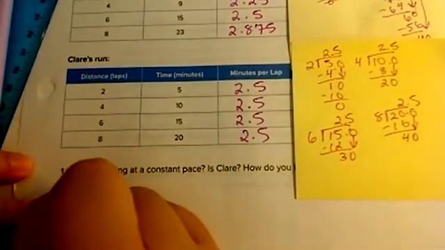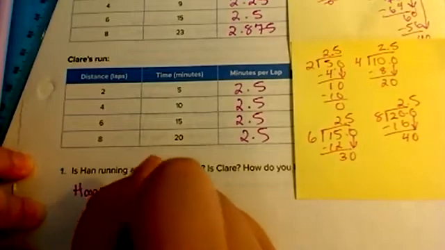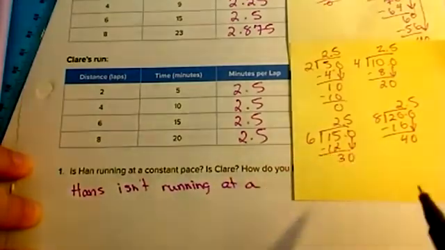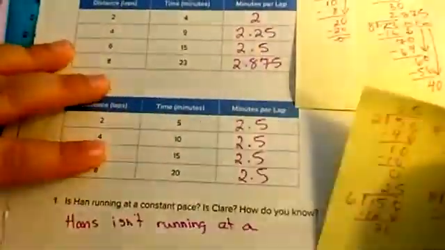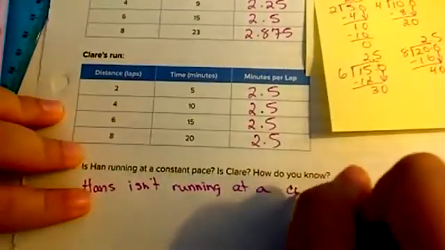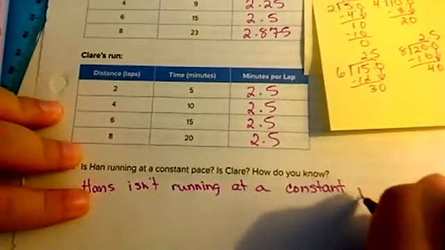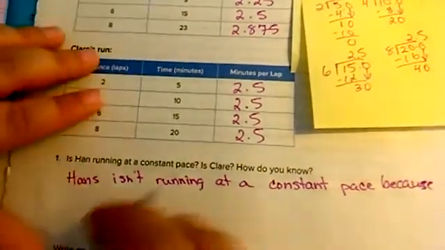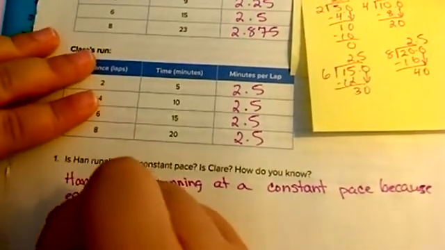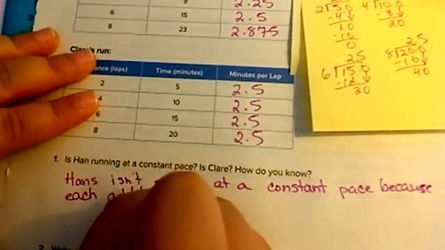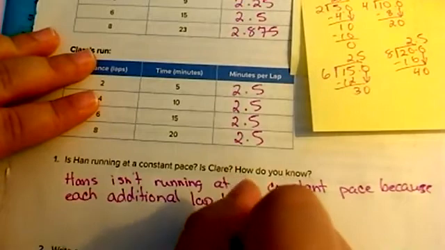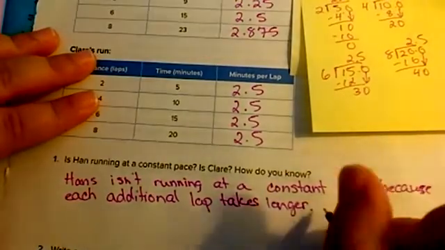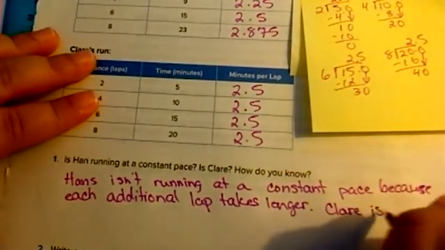We can say Hans isn't running at a constant pace because each additional lap takes him longer. Claire, though, is running at a constant pace.